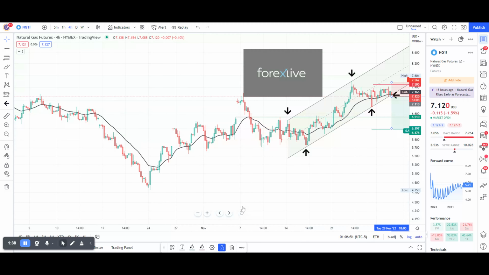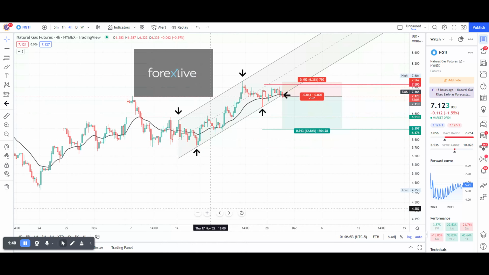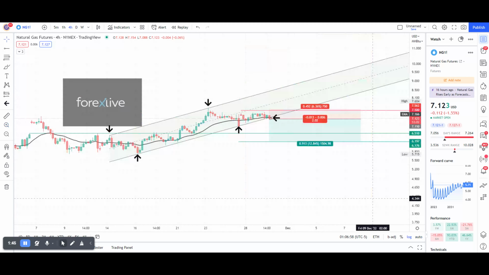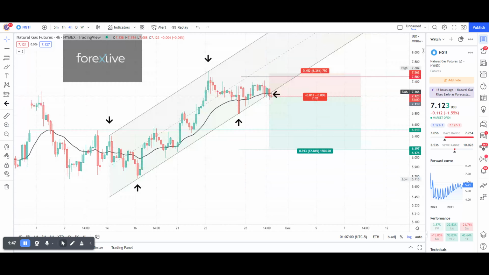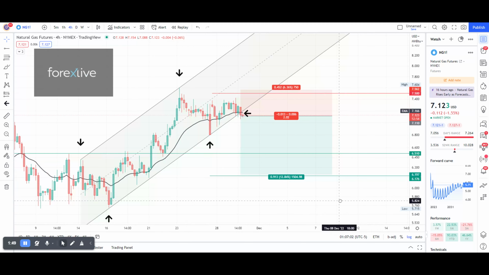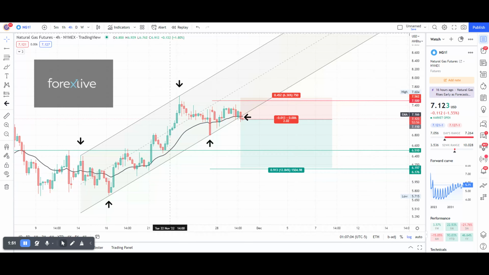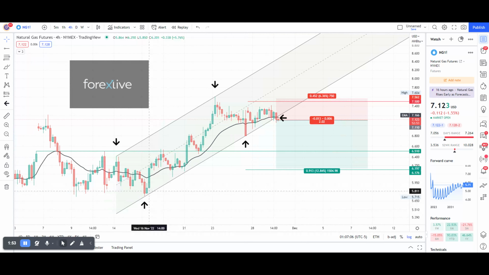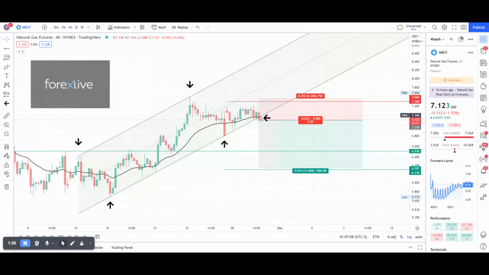So the idea is that this will play out to be a crossing down of the channel, which is also crossing. This is a potential bear flag. You can look that up. And then price will be going down further.